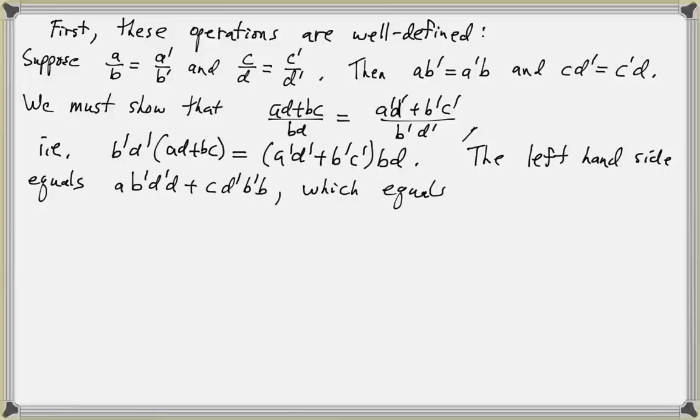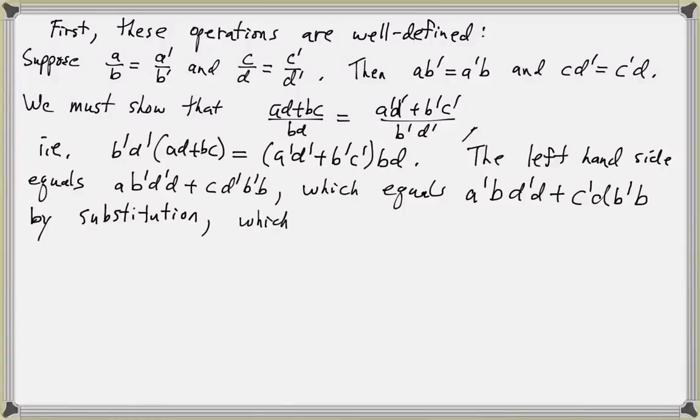So this equals A prime BD prime D plus C prime DB prime B. And then this quantity equals the right-hand side, when we just distribute the BD in the right-hand side of this previous equation. So we see that addition is well defined.